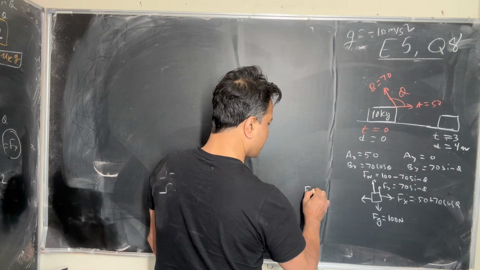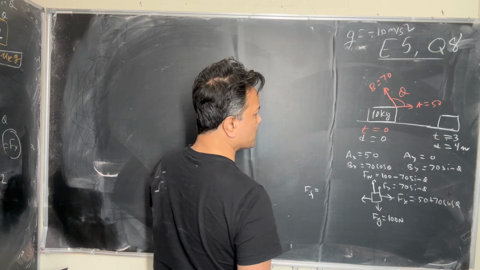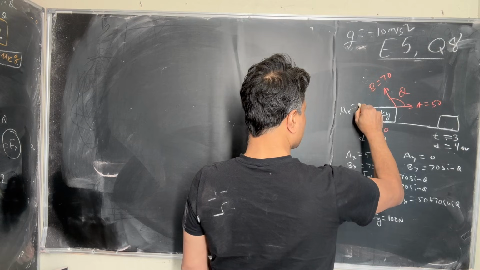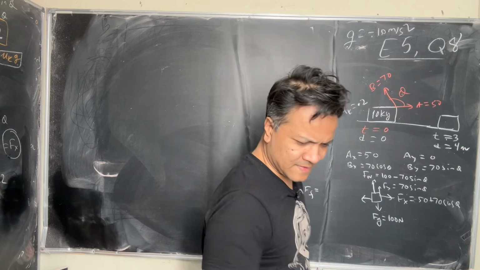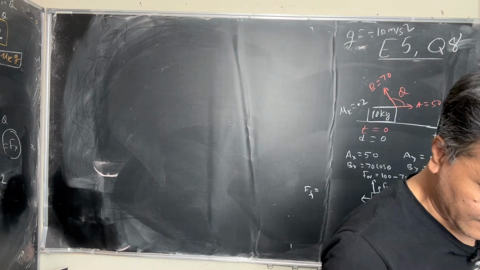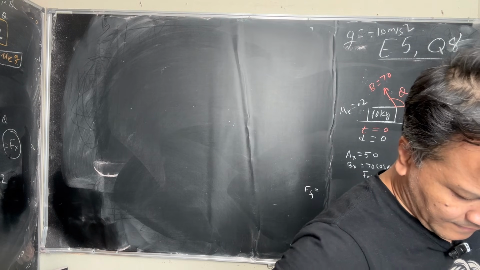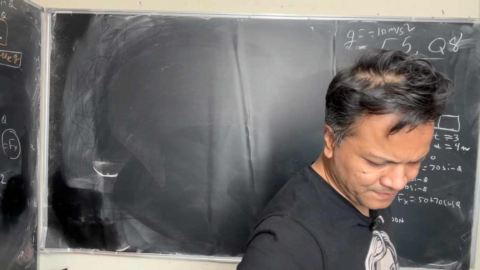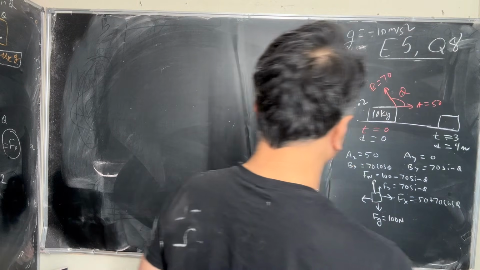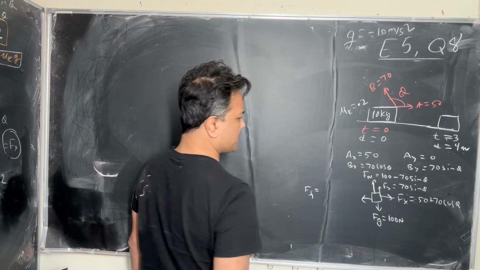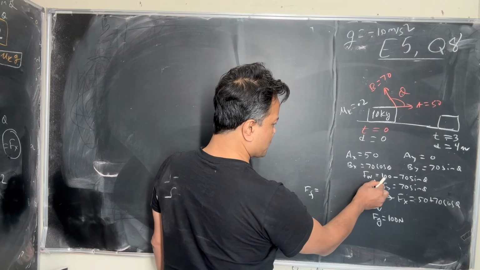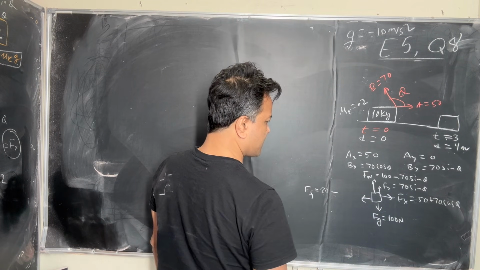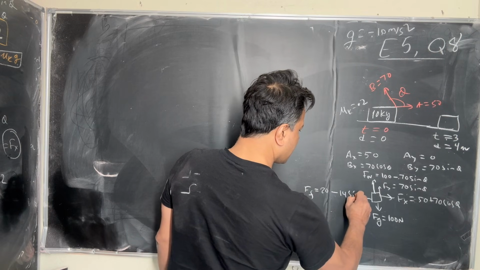Ff is equal to mu k, which I believe I gave you as 0.2. So you have 0.2 times 100, so 20, minus 0.2 times 70, 14 sine theta.